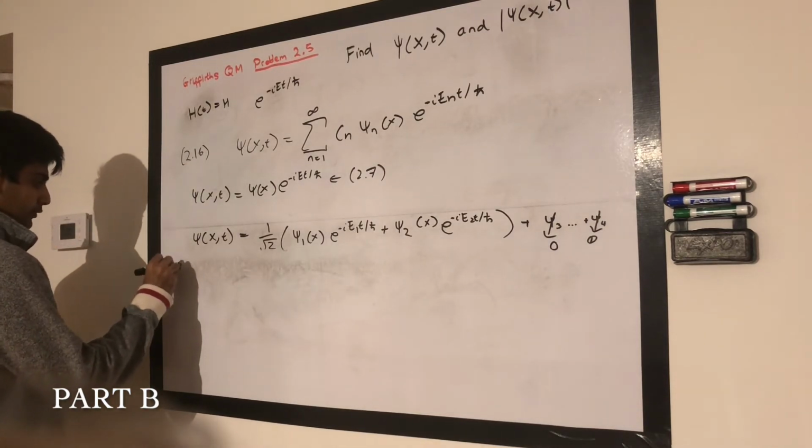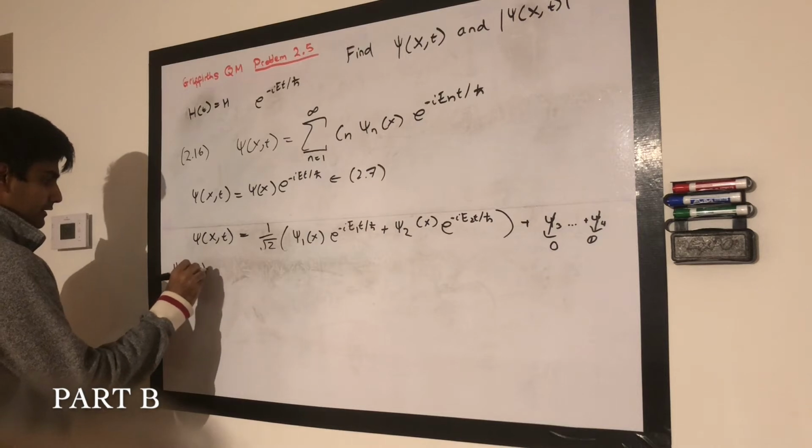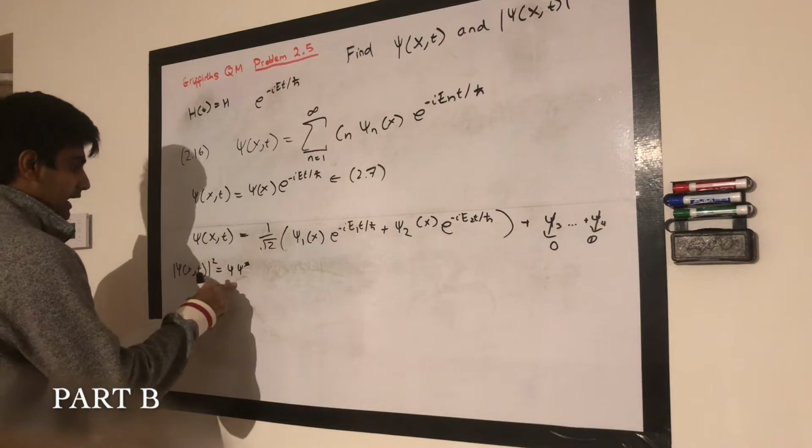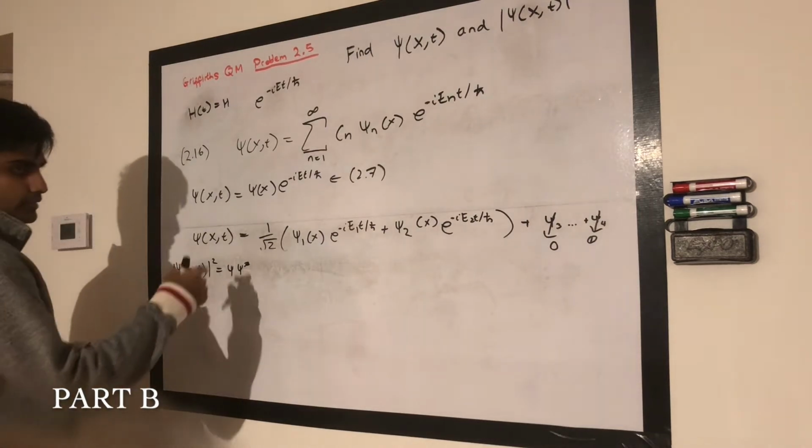So we've done this before. The norm squared of psi of x and t is equal to psi times psi star. I've left out the x and t dependence here, but you can put that in yourself.